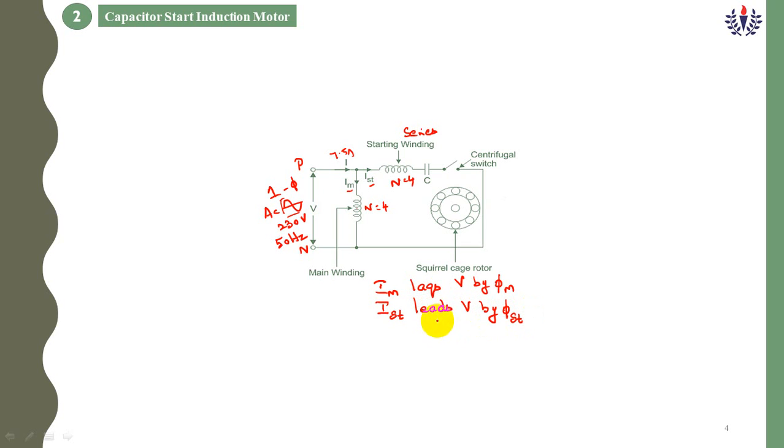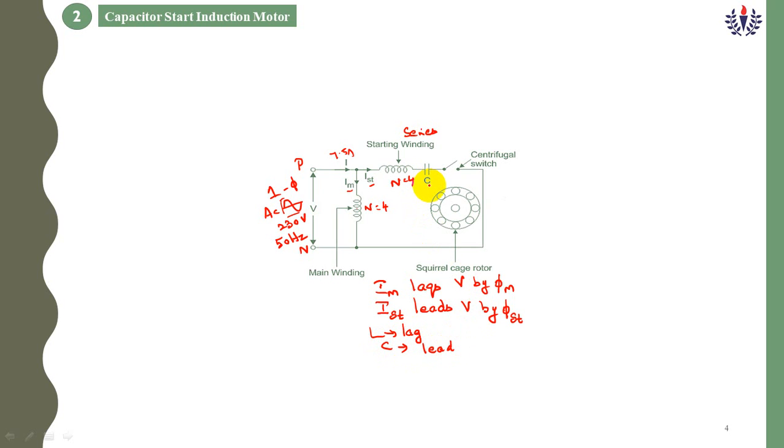We know the property: resistance is applicable only for unity power factor, inductance is applicable for lagging power factor, and capacitance is applicable for leading power factor.